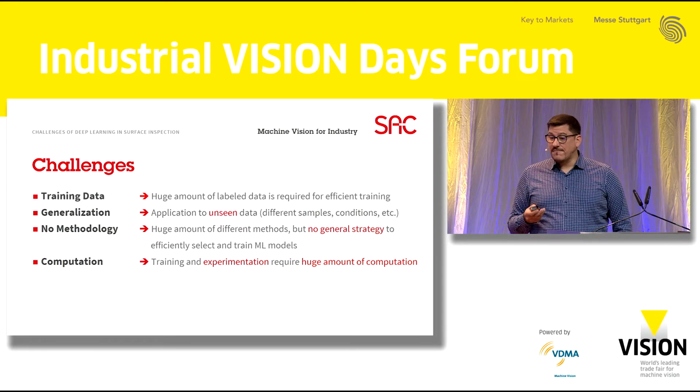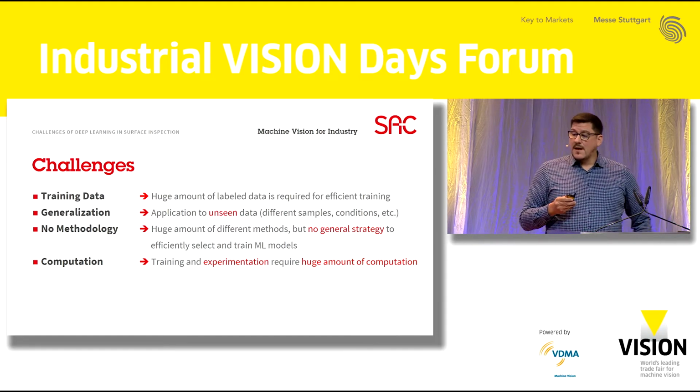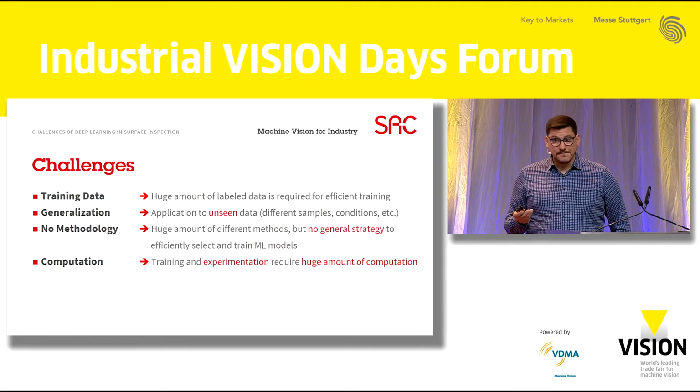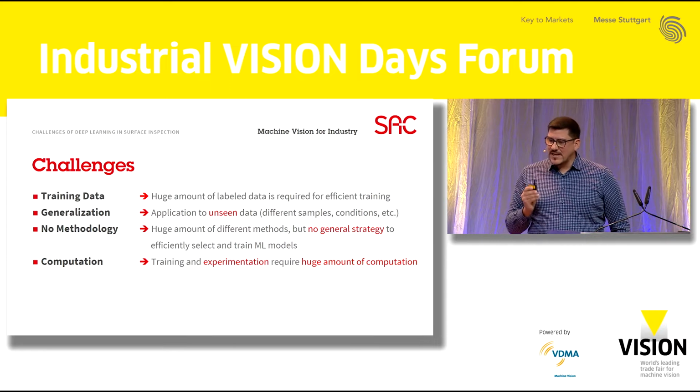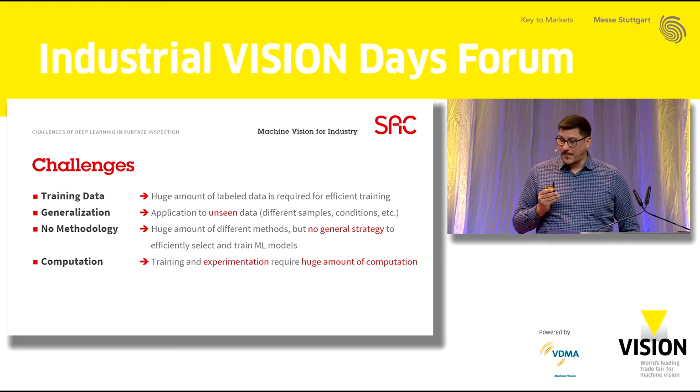This will lead to the following challenges, especially for industrial applications. A large amount of labeled data is required for efficient training. This consumes a lot of time and manpower, as we heard before from the previous speaker. The application to unseen data must work in a process-safe and reliable way.